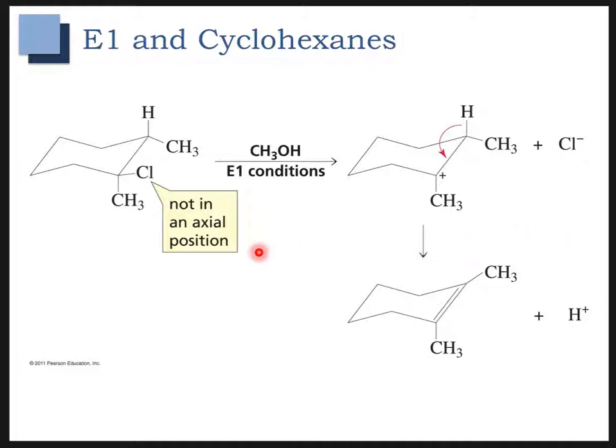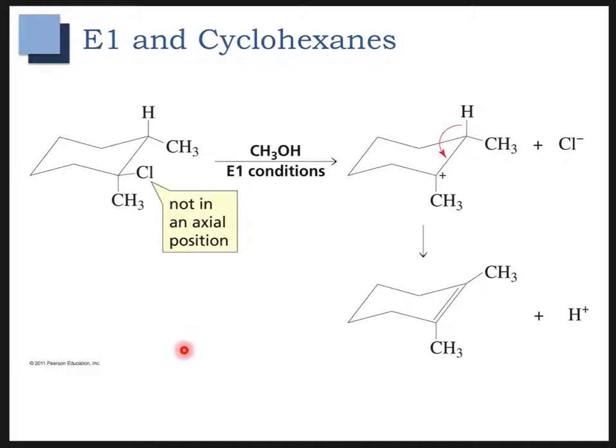So E1 reactions are going to undergo elimination regardless of the conformation of the starting material, whereas with E2 reactions, you absolutely must have that orientation where the hydrogen and the leaving group are anti to each other.